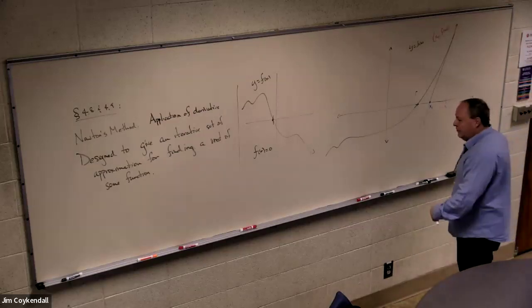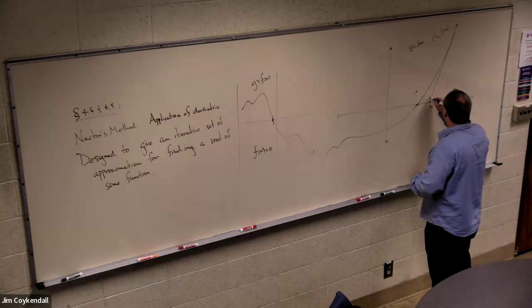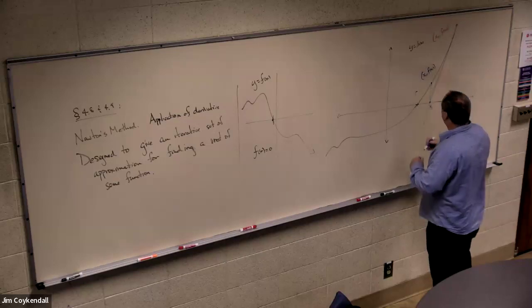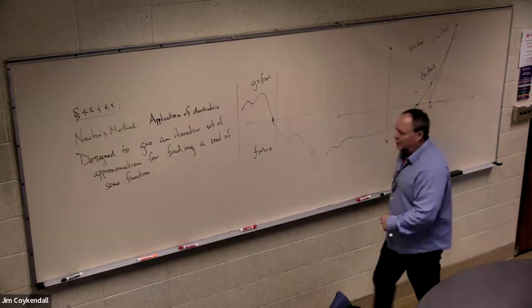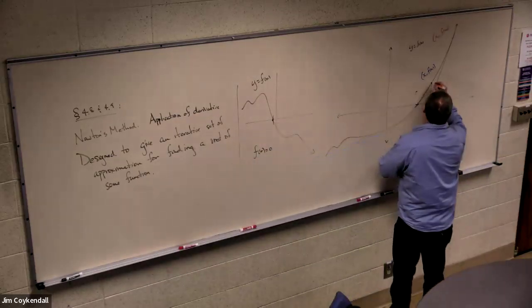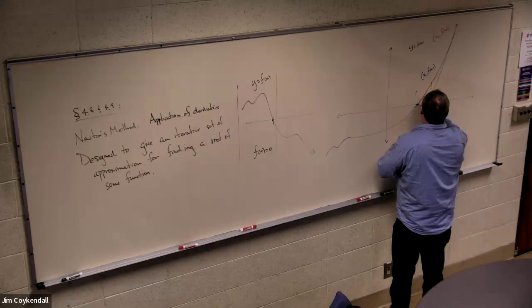Repeat the process. So what do I do now? Find the corresponding point up here, and do the same thing. Draw the tangent line of this function. Oh, that one got really close.